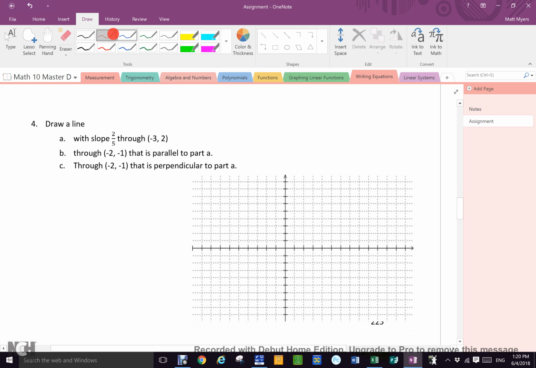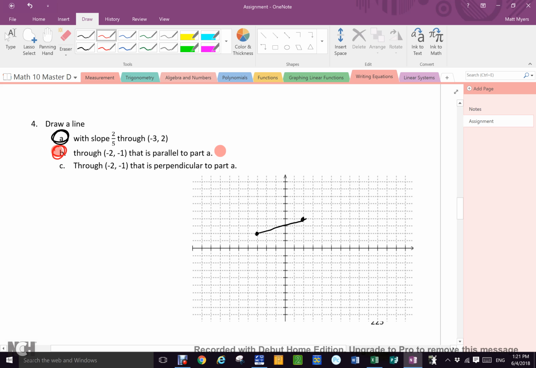Draw these 3 lines. There will be 3 lines on here. One will be a black line. It will go through negative 3, positive 2, with a slope of 2/5, which will be up 2 and right 5. That will be line A for 1 mark.